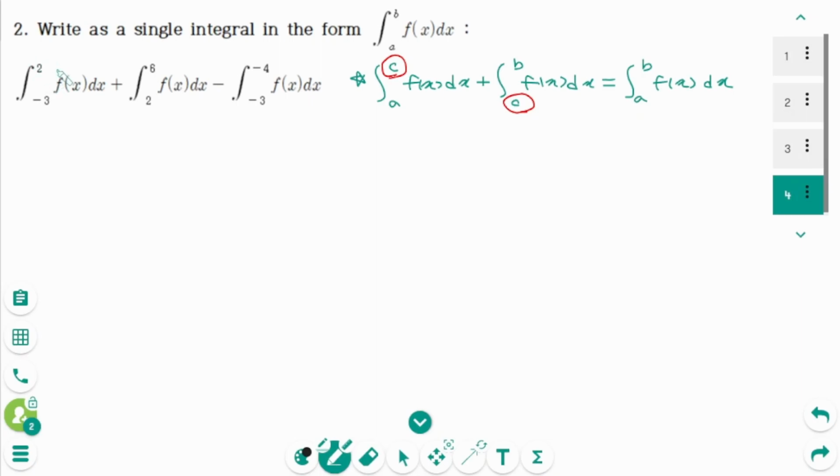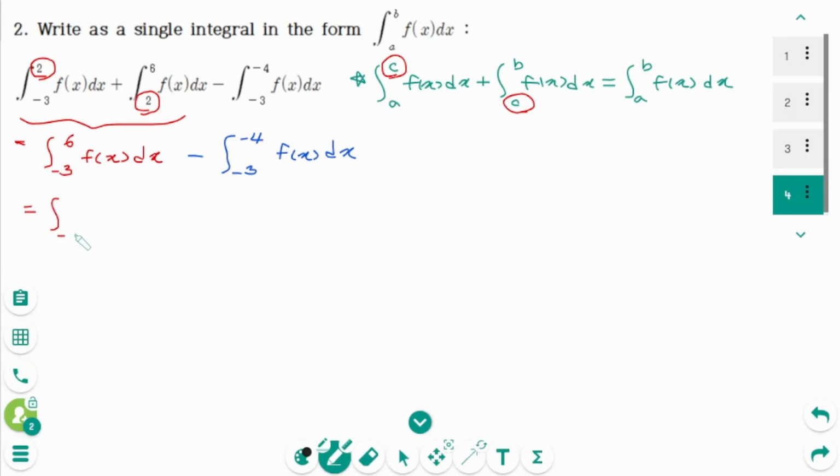Then these two make the integral from minus 3 to 6 of f of x dx, then minus the integral from minus 3 to minus 4 of f of x dx equals the integral from minus 3 to 6 of f of x dx.